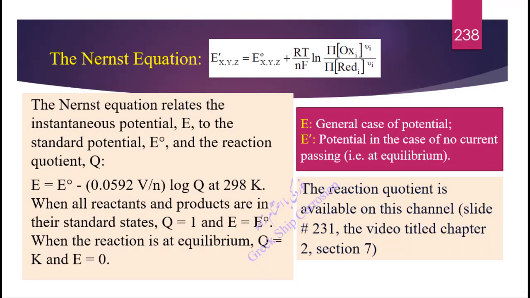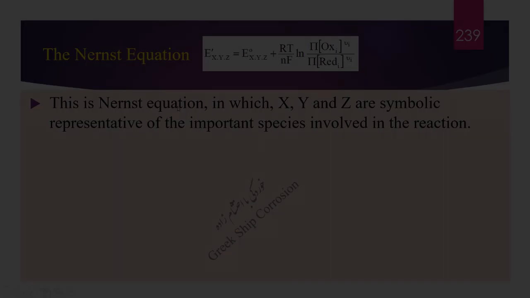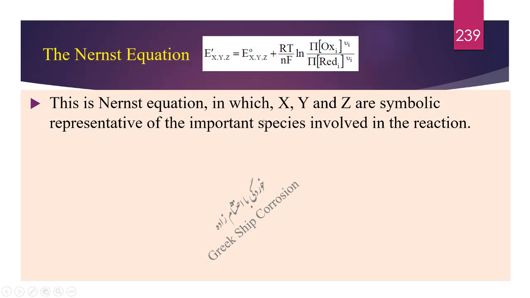The reaction quotient is available on this channel, slide number 231, in the video titled Chapter 2, Section 7. This is the Nernst equation, in which X, Y, and Z are symbolic representatives of the important species involved in the reaction.